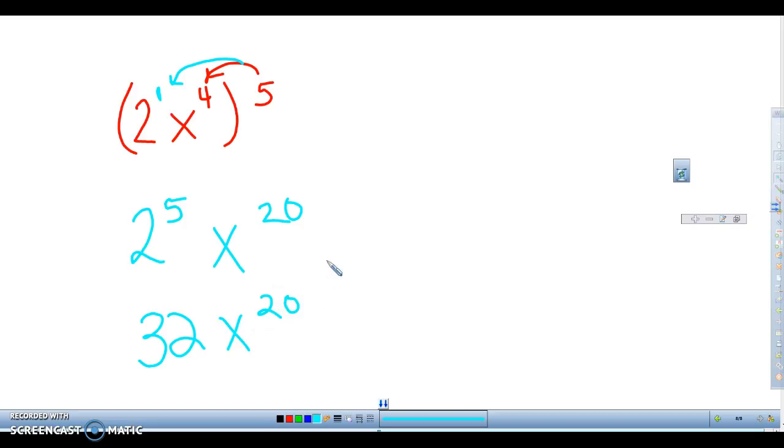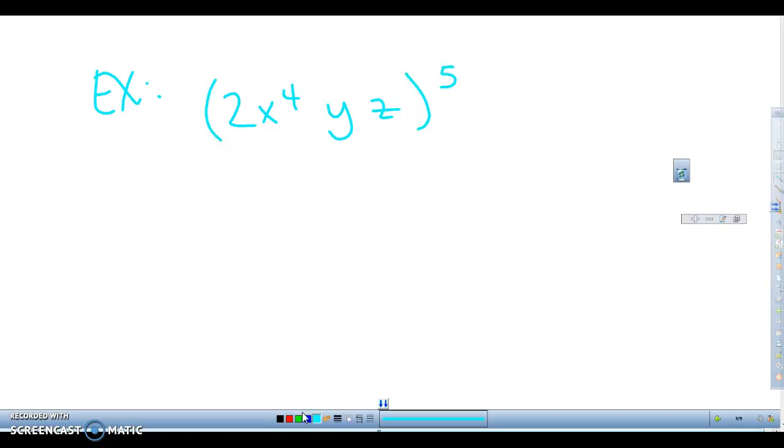Okay? Try this one on your own. 2x to the 4th, y, z, all raised to the 5th. You should distribute to the 2, to the x to the 4th, to the y, because that's a first, and then also to that z.